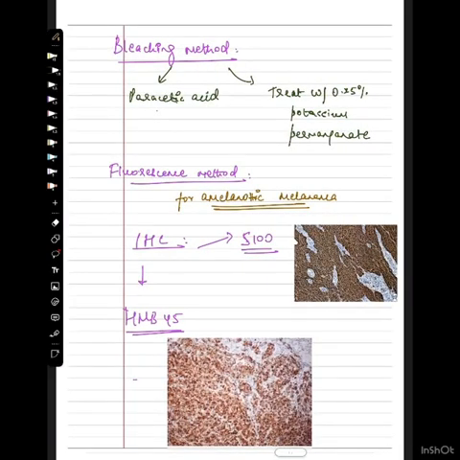The third method is a bleaching method. Melanin is insoluble in most of the solvents. So when you use strong oxidizing agents such as permanganate, chlorate, chromic acid, that will bleach this melanin.